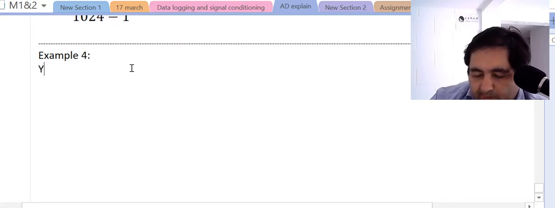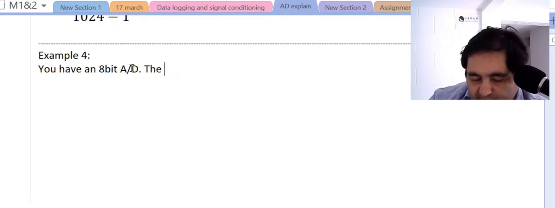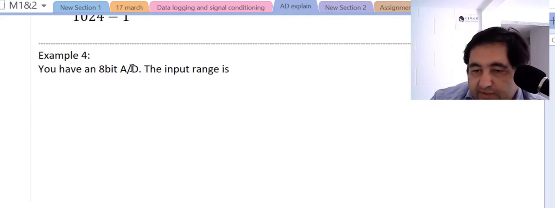Okay, you have an 8-bit A to D. The input range is from 0 to 100 volt.